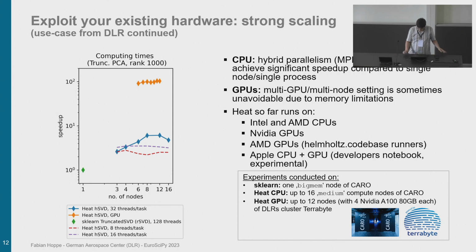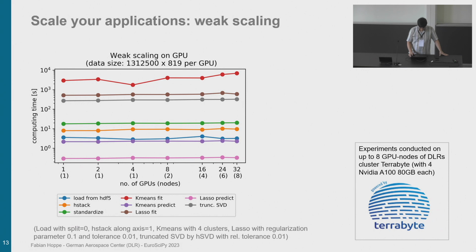One of our developers has an Apple notebook and uses that for development, so there's some kind of experimental Apple support as well. But of course, this is not so important for an HPC library, just because there is no Apple GPU cluster.